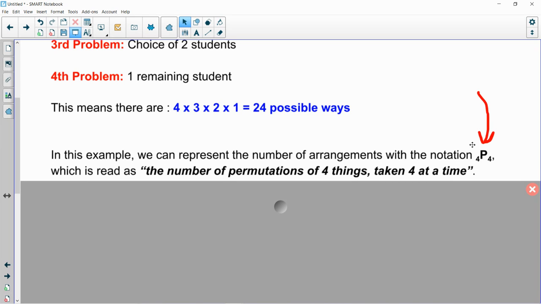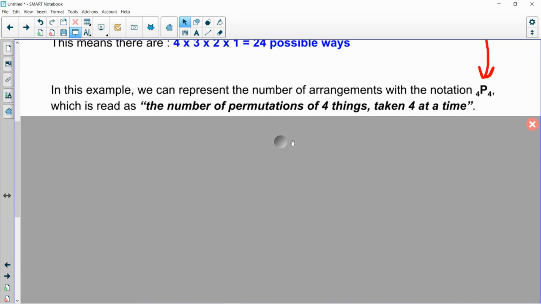Now, if you were going to read this out loud, you would say, this represents the number of permutations of 4 things taken 4 at a time, right? Because we had 4 students, and Mr. Netwich selected all 4 of them to go up to the board 1 at a time.